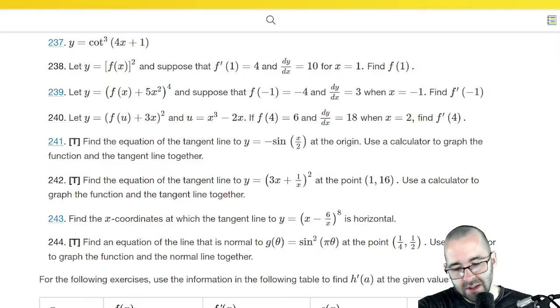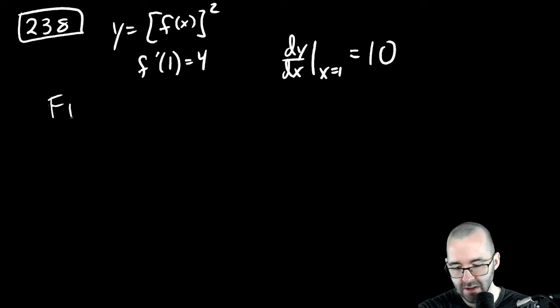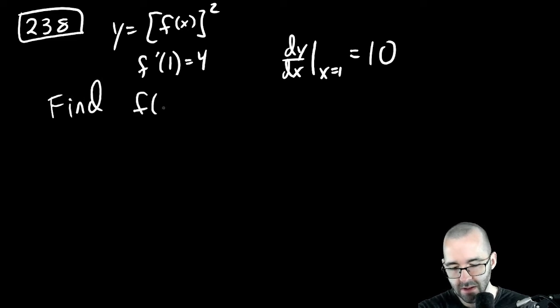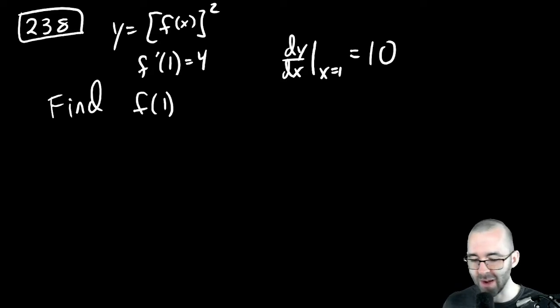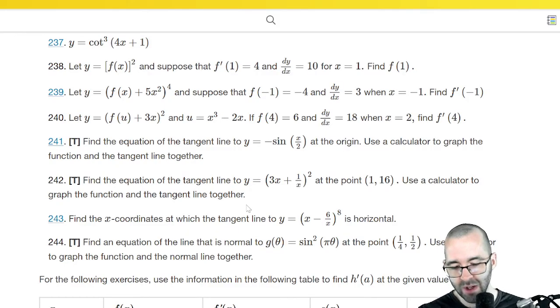All right, what else does it want us to do? 238 says find f of 1. Find f of 1. Wait a minute, am I losing my mind? f of 1?